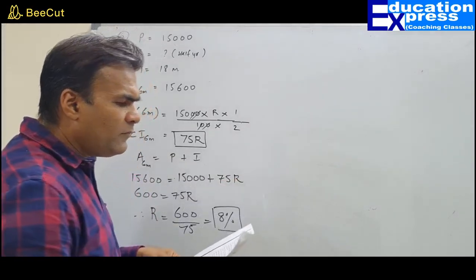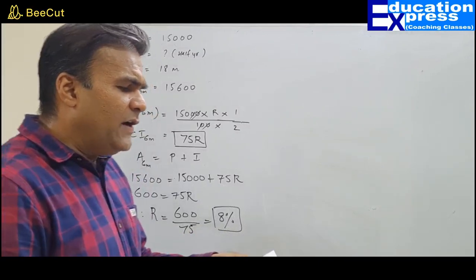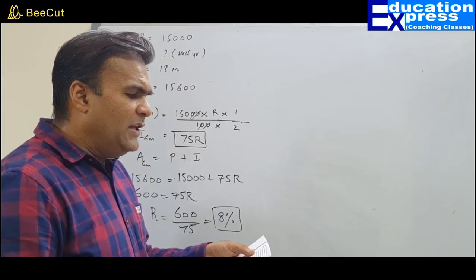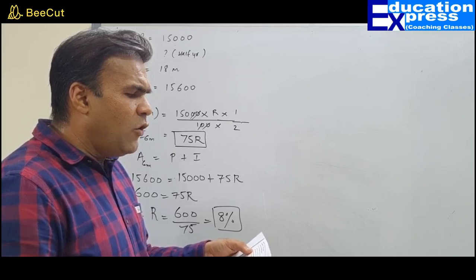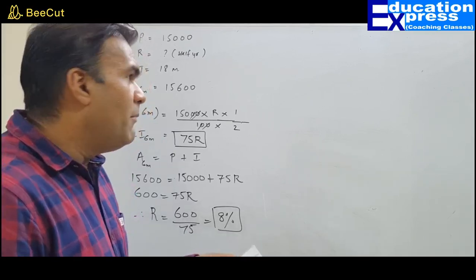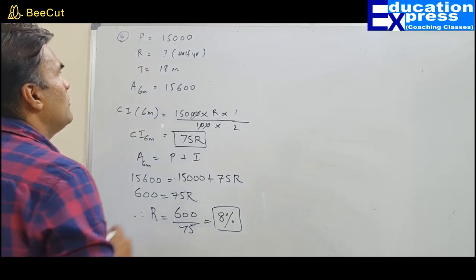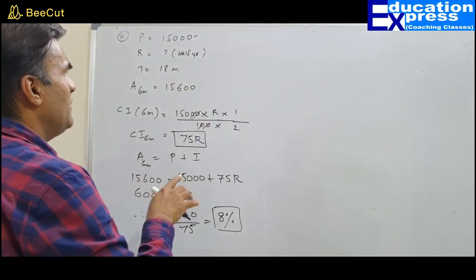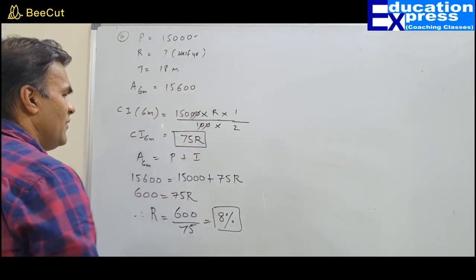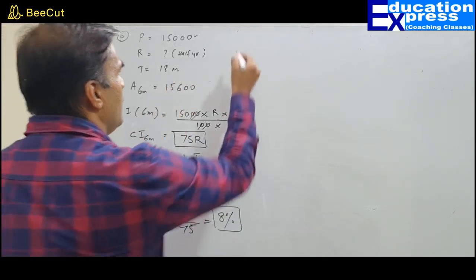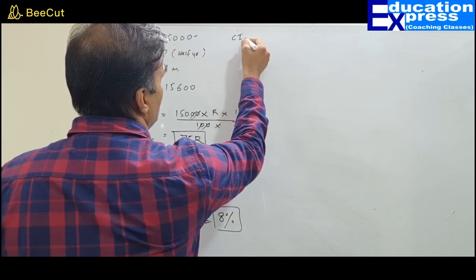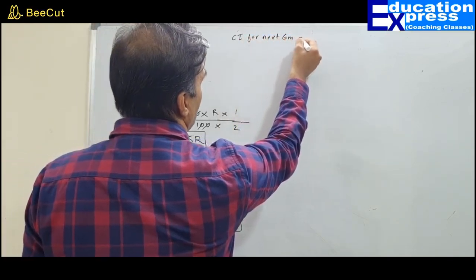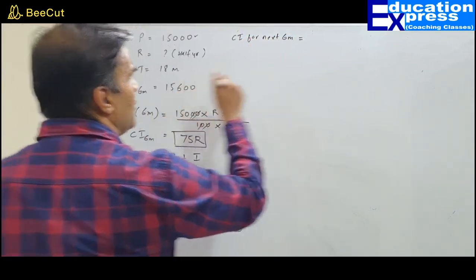Next part, they are asking us to find the total amount of money that Geeta must pay at the end of 18 months in order to clear the amount. Since we know that Geeta borrowed 15,000, so after 6 months it is 15,600. So now compound interest for next 6 months would be on 15,600.